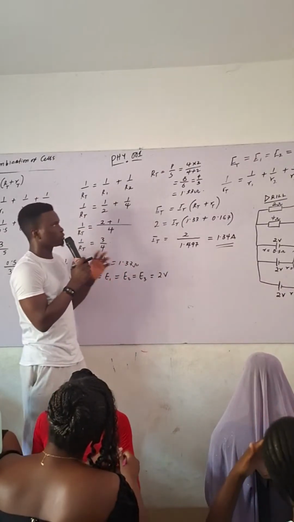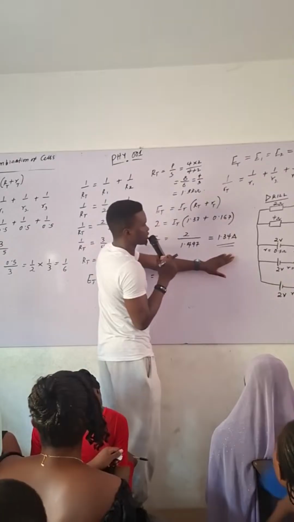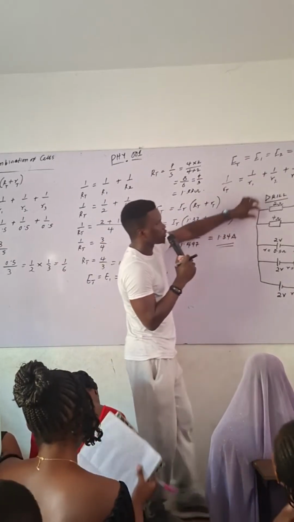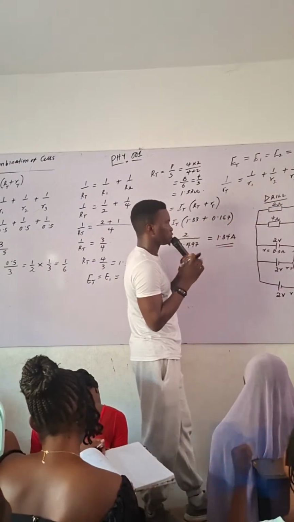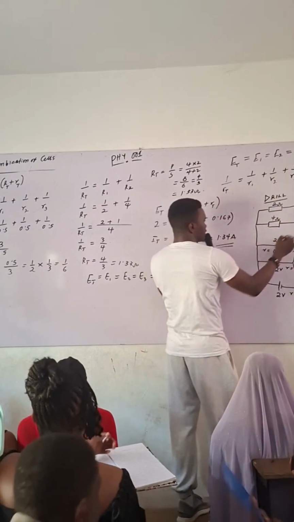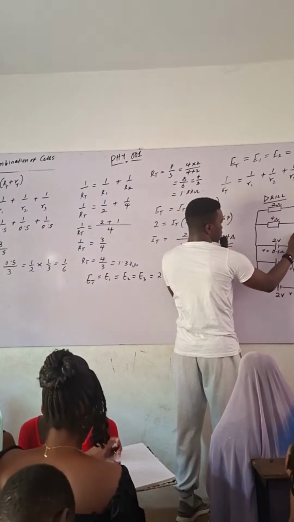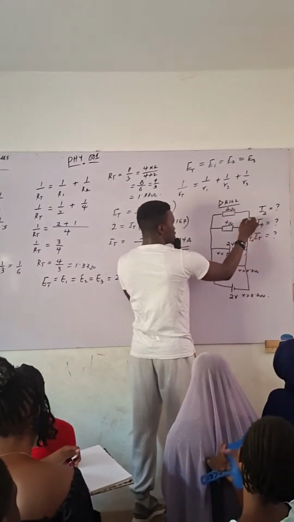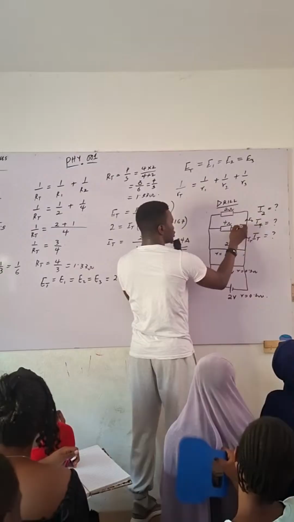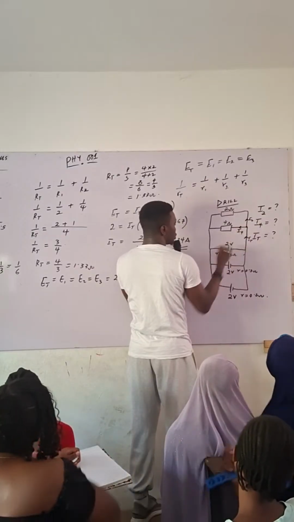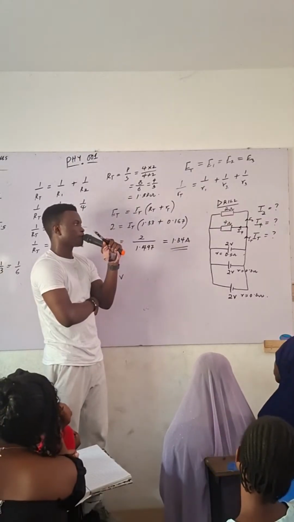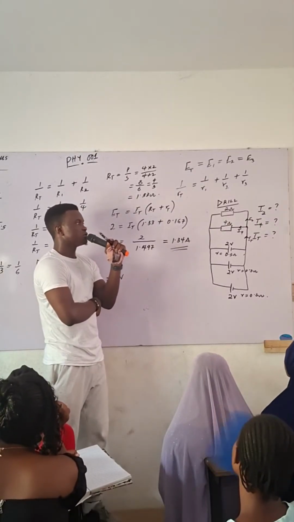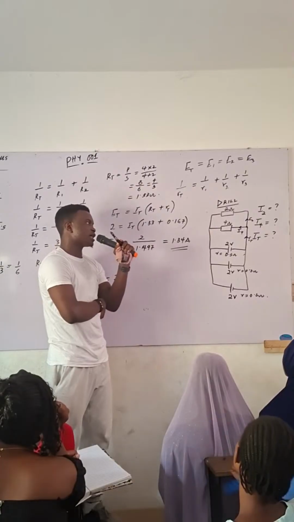So now that we have gotten this, then we have to look for the current flowing through I2 and the current flowing through I4. The issue I'm just having here is that if the total current is coming, when it gets here to divide, let's say that's the one that will flow through I2, and this is the one that will flow through I4. Relatively, I think we can still do that.